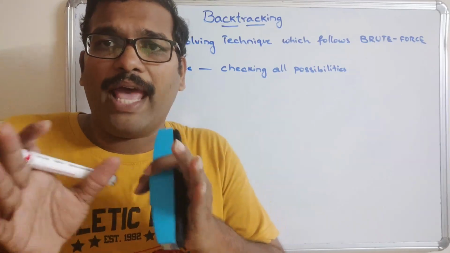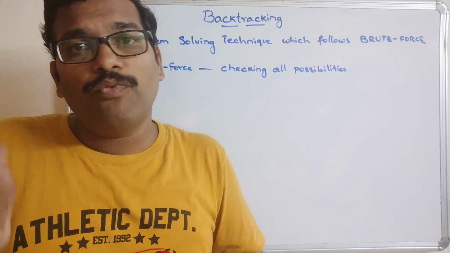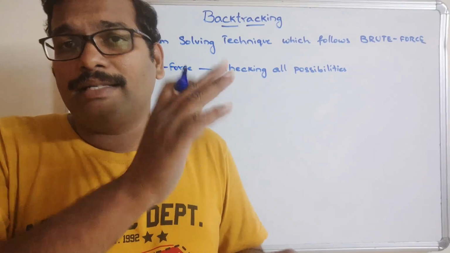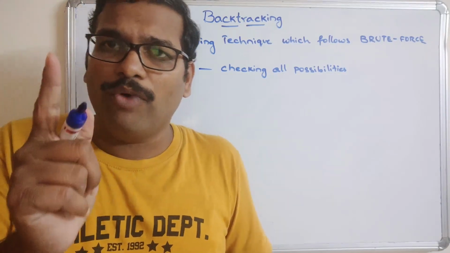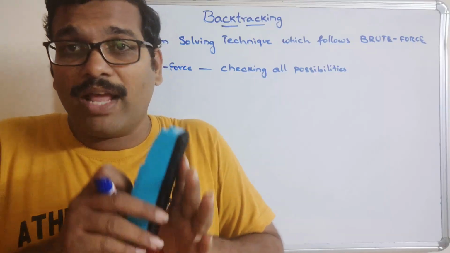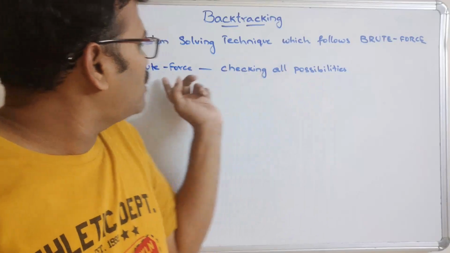You don't know the exact key which opens the lock. So what we usually do is try each and every key. At some point, the lock will be opened with only one key among those 5 keys. That approach, without having any knowledge, just applying all possibilities, is called brute force.